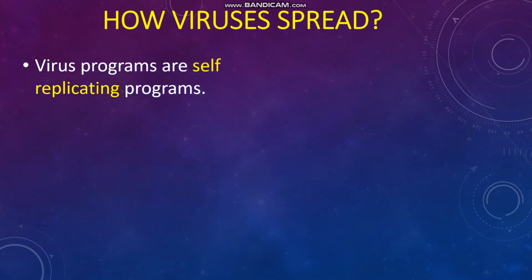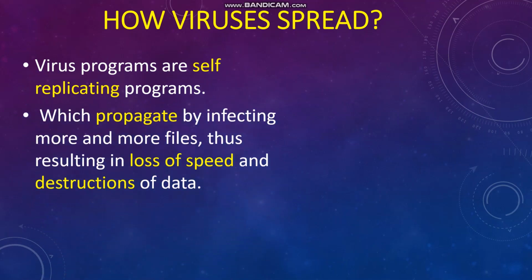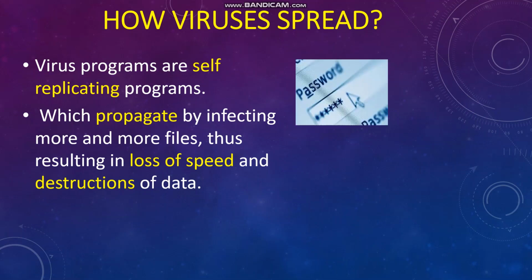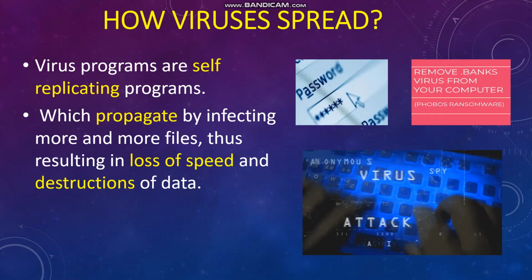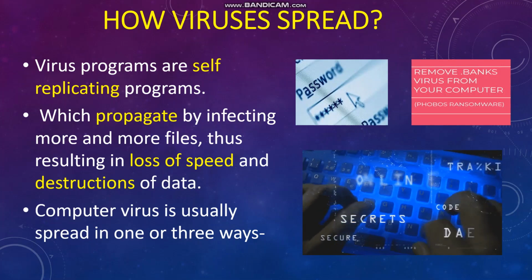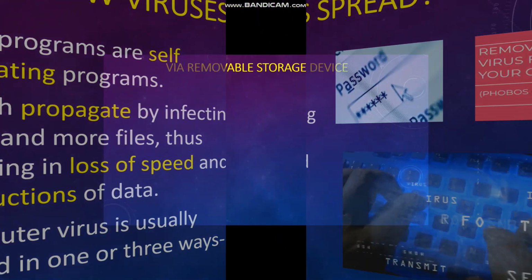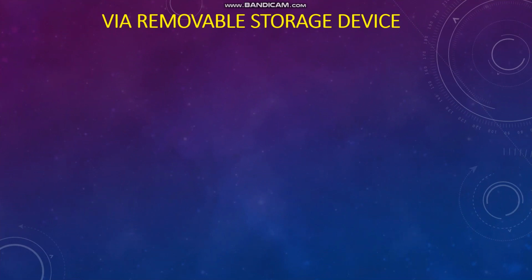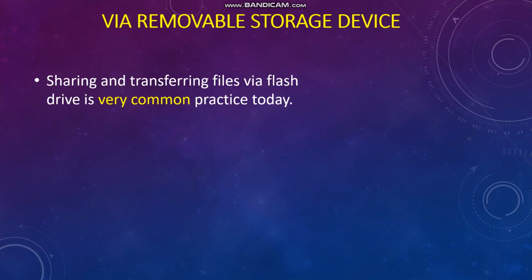How viruses spread. Virus programs are self replicating programs which propagate by infecting more and more files, thus resulting in loss of speed and destruction of data. Computer viruses usually spread in one of three ways: via removable storage device.